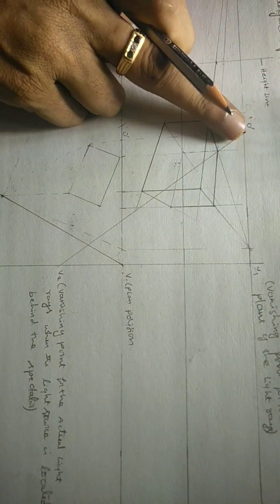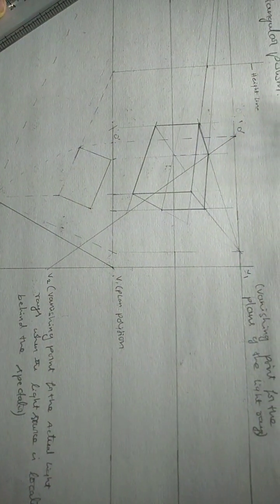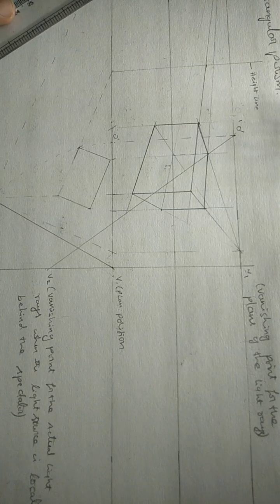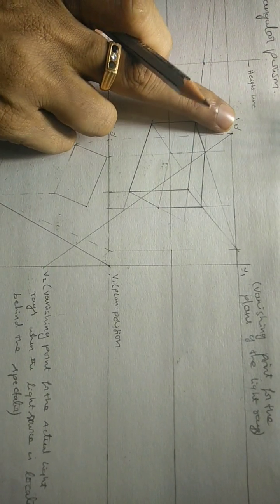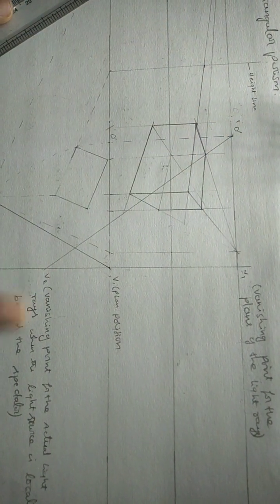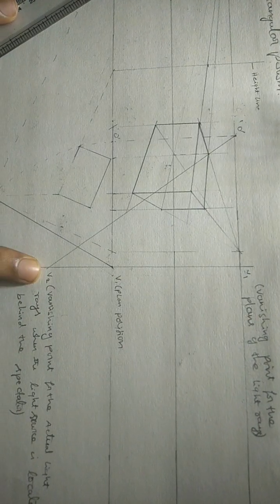So here the light source is behind the spectator. We don't know where the light source is; it is at infinity behind the spectator. We are assuming that the light rays are coming from this point, and this is the vanishing point for the actual light rays. That is mentioned as V2.